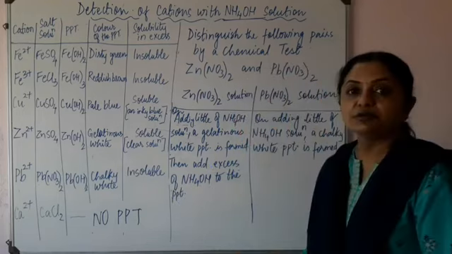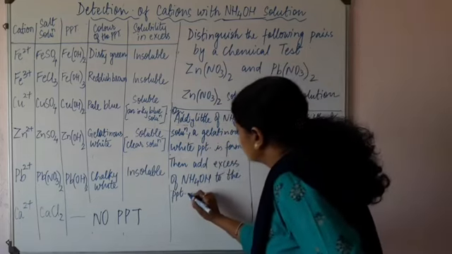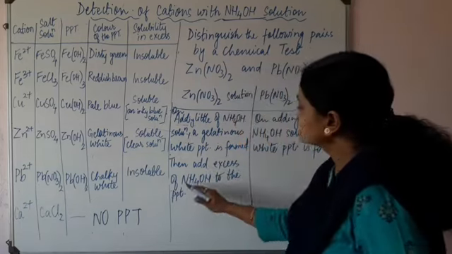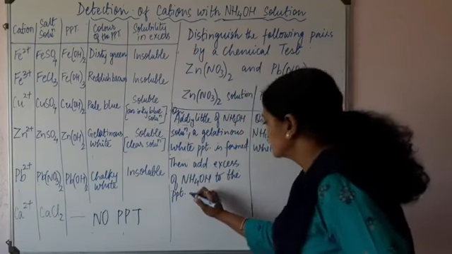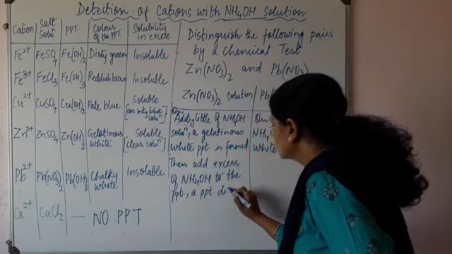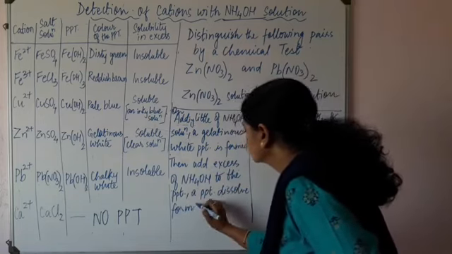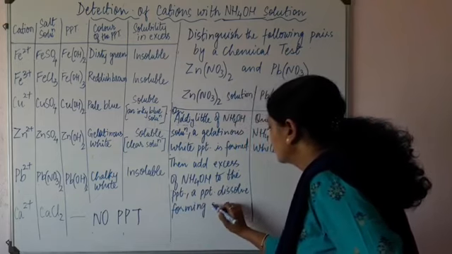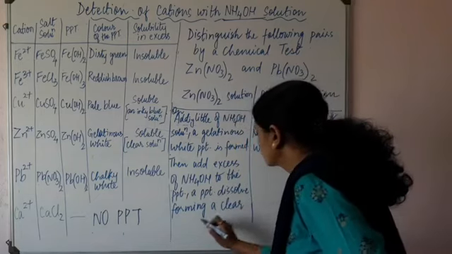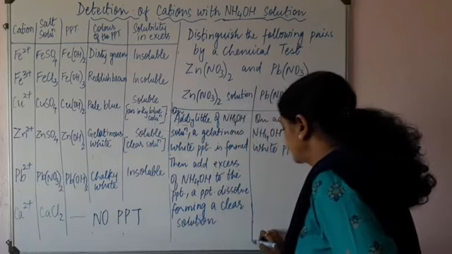The precipitate dissolves, forming a clear solution, that is of tetraamine zinc sulfate, right?